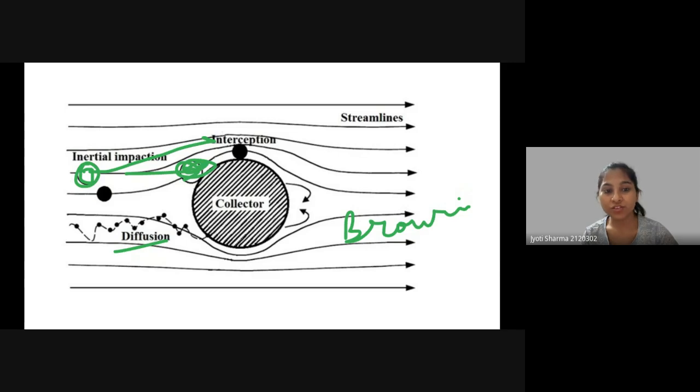No doubt it is changing the direction along with the air, but still it is deposited on the collector because it is getting touched with that collector, and that's how this is interception. So we do have different techniques by which we can deposit any particulate matter, and if the size is larger, then we rely on this inertial impaction.